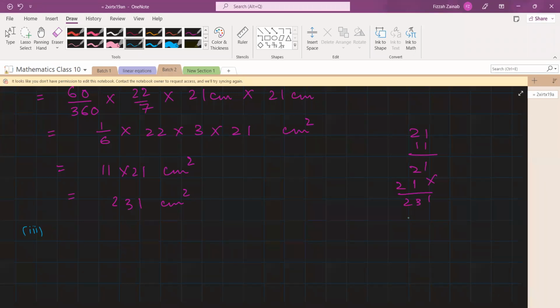Third part, area of the segment formed by the corresponding chord. So this time you have to find the segment, right? So the chord we are taking is this, which is A, B, and C. So a segment means we have to join this. This is my chord, and this is the segment formed by this chord, right?